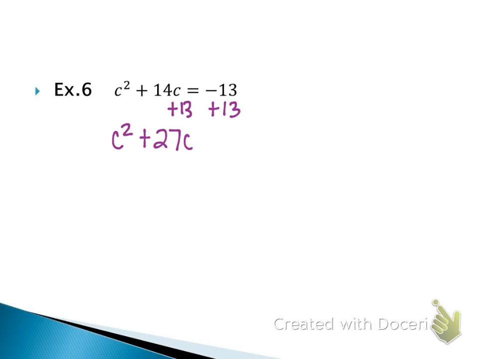Why does that not work out? Very good. The 13 does not have a c, so this stays plus 14c. And what do we do with that plus 13? Just add it on the end, plus 13. And then it would equal 0. Do we have questions about that step?